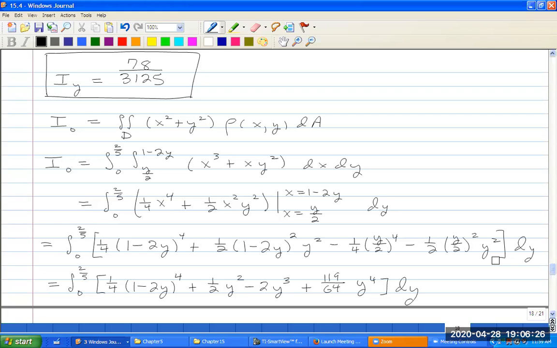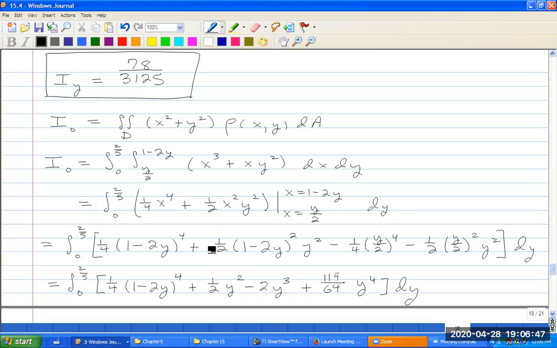And so let's simplify. So I'll just rewrite the 1/4 1 minus 2y to the 4th because I can integrate this easily. Let's multiply the other out because it's not as easy to integrate. So I get 1/2 times 1 squared times y squared is 1/2 y squared.